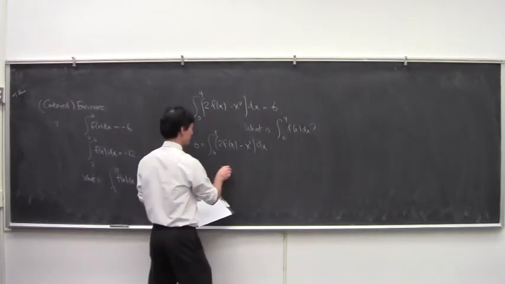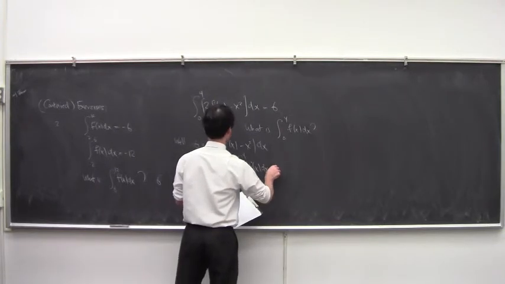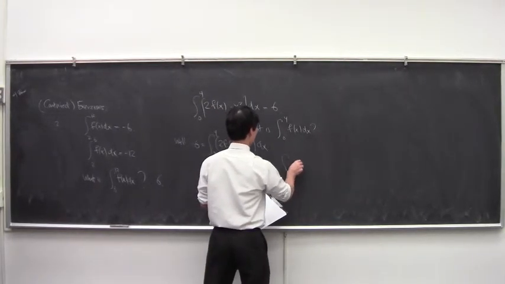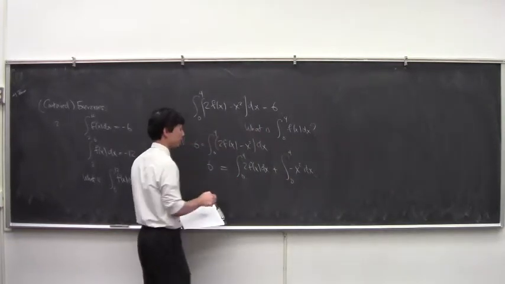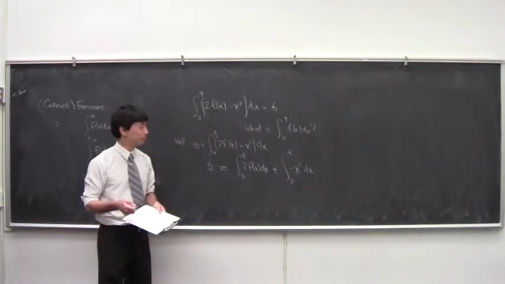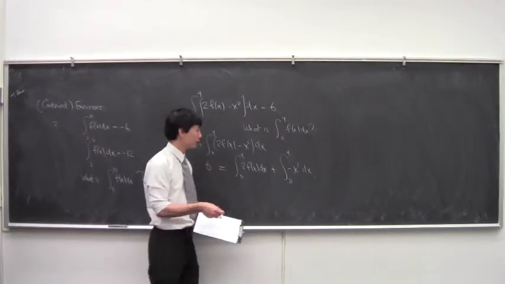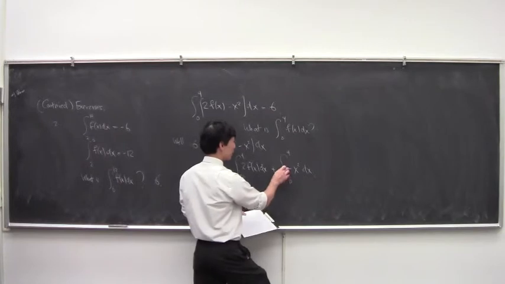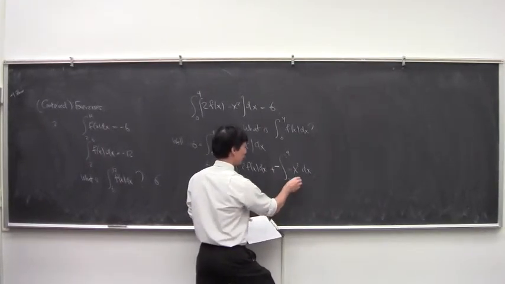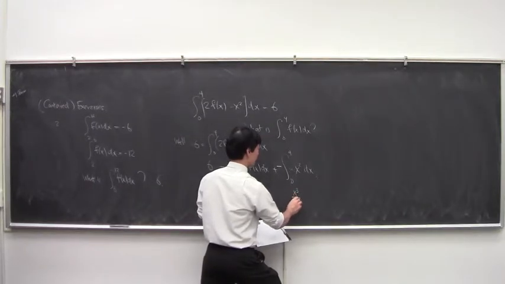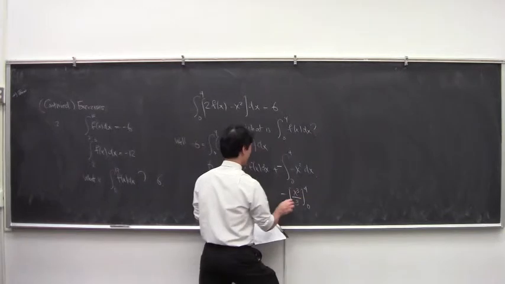Yeah, let's. So we know that the integral of 2f(x) dx plus the integral of negative x squared dx from 0 to 4 is 6. Right? And then we can solve the second one. Let's pull the minus sign out. So here we get x cubed over 3 between 0 and 4, and we get minus that.